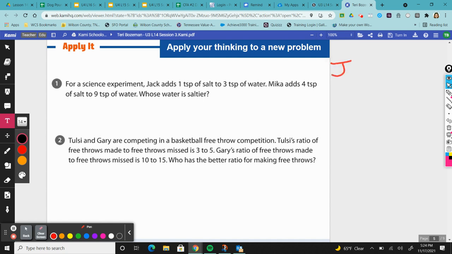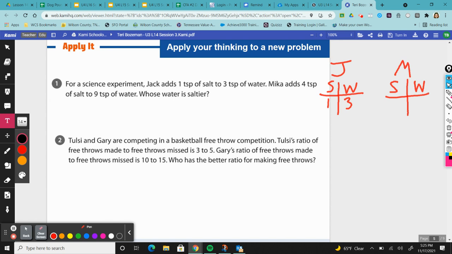Jack adds 1 teaspoon of salt, so salt to water, right? So Jack has 1 teaspoon of salt for every 3 teaspoons of water. So we got Jack, right? We're comparing Jack's ratio to Mika's. Salt to water, right? All right.